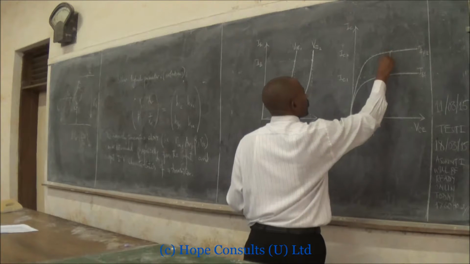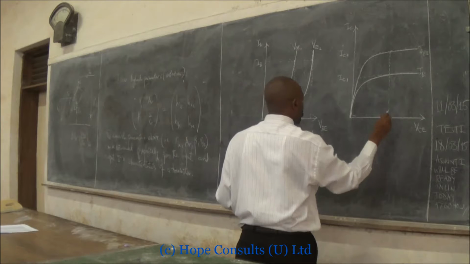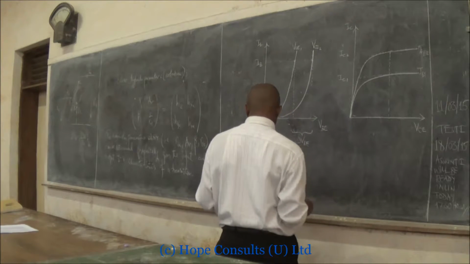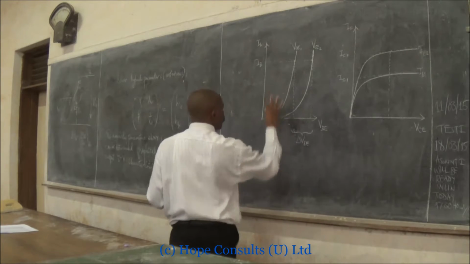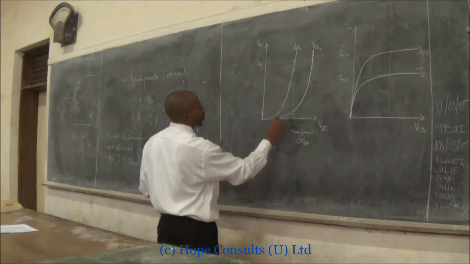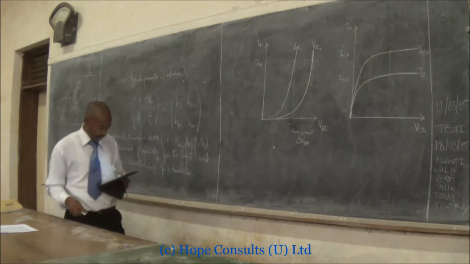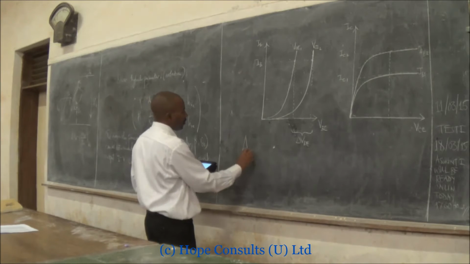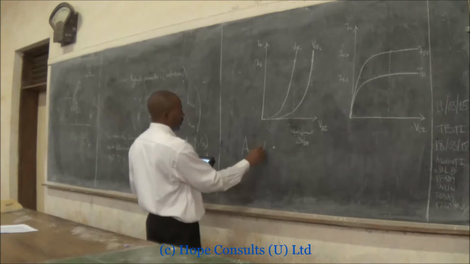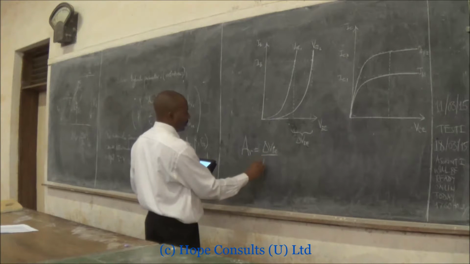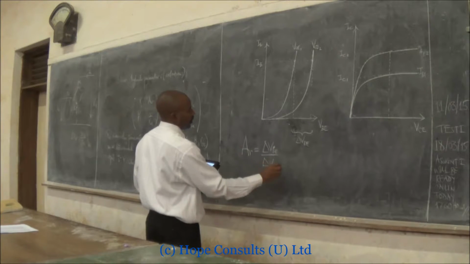And I can take a given value here for a given value of VCE. Here, we do some analysis or some extraction of these parameters. Our AR would be the same as delta VBE by delta VCE.